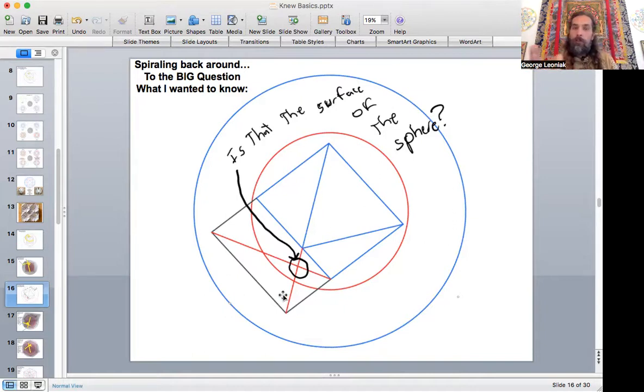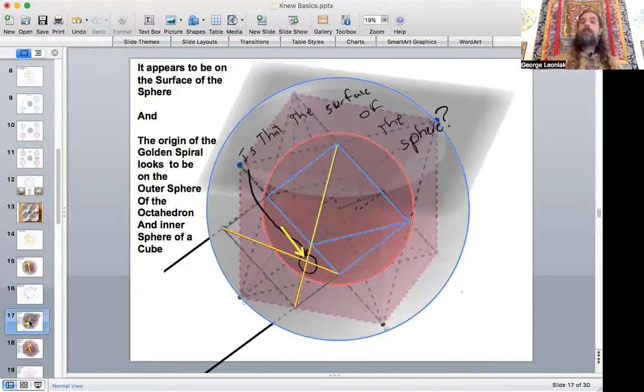So it should follow that this point will be on the surface of the sphere, which means that that whole square view is not just squares and circles, it's octahedrons and cubes and whatever other forms we want to draw there. So here I go. I'm going to test this out. I'm able to rotate this now, and I get, to the best of my ability, to line up the visual perspective of my drawing.